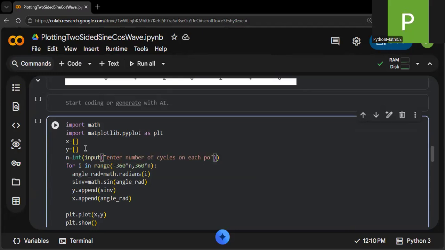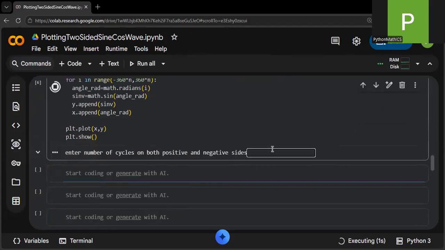On positive, and in fact on both positive and negative sides. Okay, so let me write the enter. Okay, run.